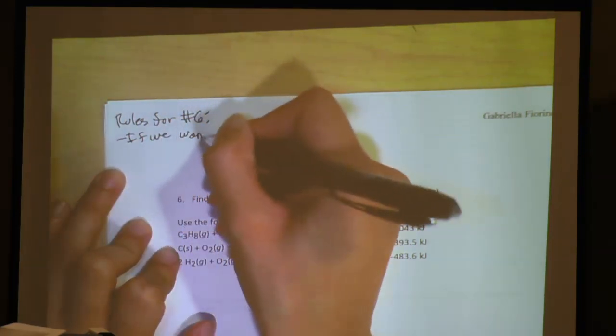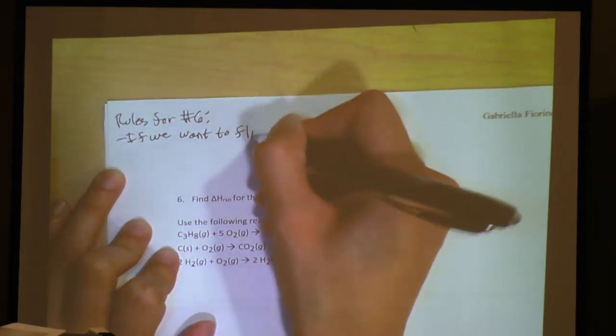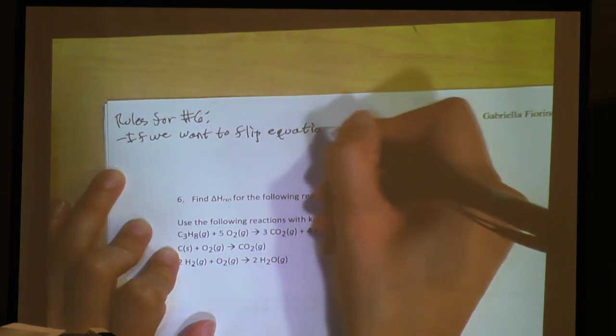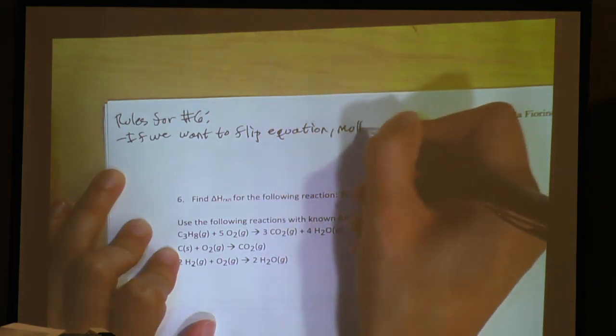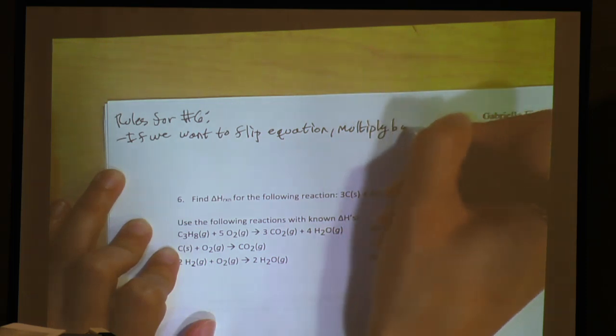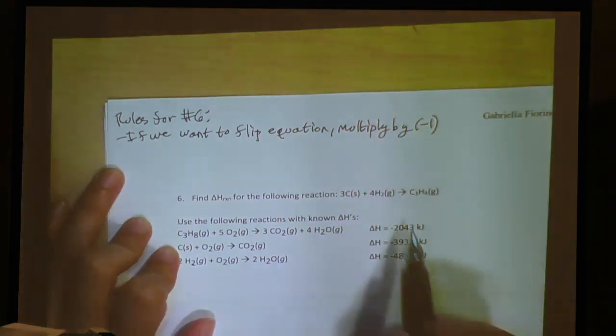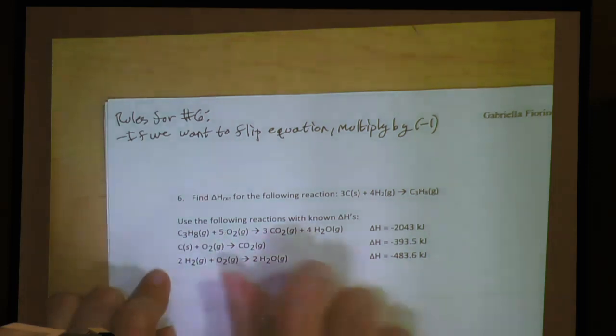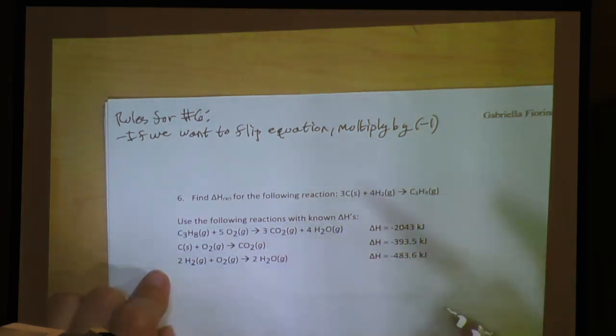If we want to flip an equation, we want to multiply by negative 1. So if you multiply one of these 3 by negative 1, you're going to flip the whole thing around.